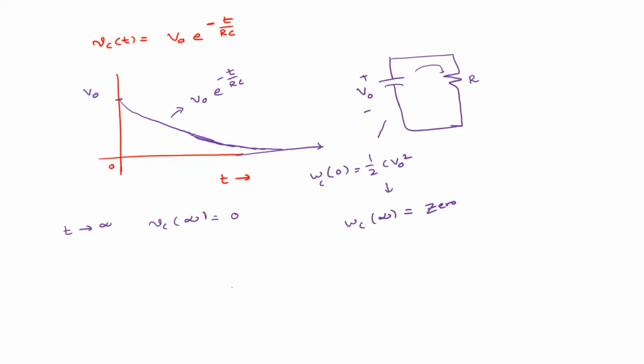Here there is no excitation, no external source to excite the circuit. So this is known as the natural response of the RC series circuit.